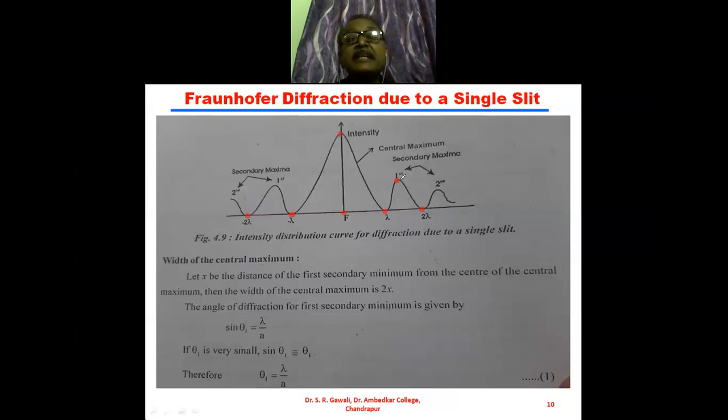This is the first secondary bright band and this is another secondary bright band. But you can see that the intensity here is the largest, and here it is less. So the first secondary maximum has an intensity less than the intensity of the central maximum. Then we get another secondary maximum, a secondary bright band. This is the second secondary bright band, the second maxima. Similarly, on this side we will get the second secondary maxima at this point. This is the first secondary maxima, and this is the second secondary maxima.